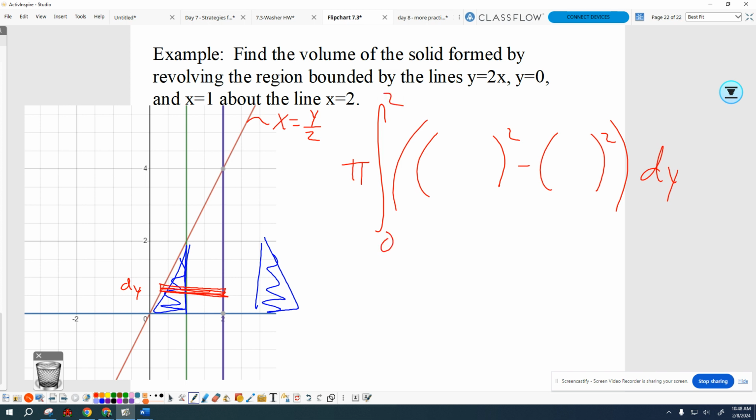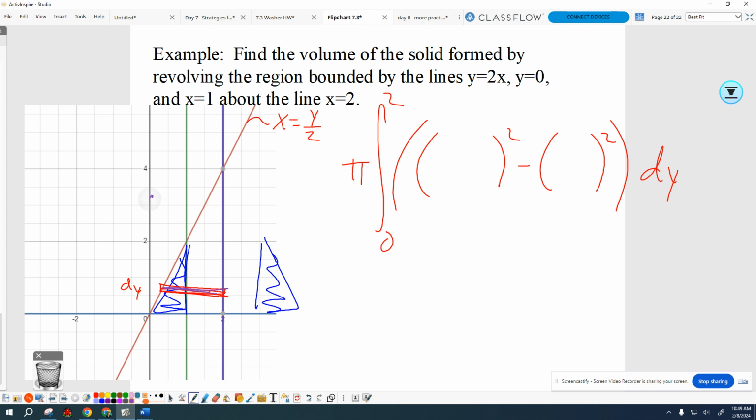Hopefully those things are quick and easy to set up and understandable, and if they're not, let me know. Okay, that large radius, this stick. 1 plus 2y? Or 1? I need things as y's. So the equation of this line is y over 2.